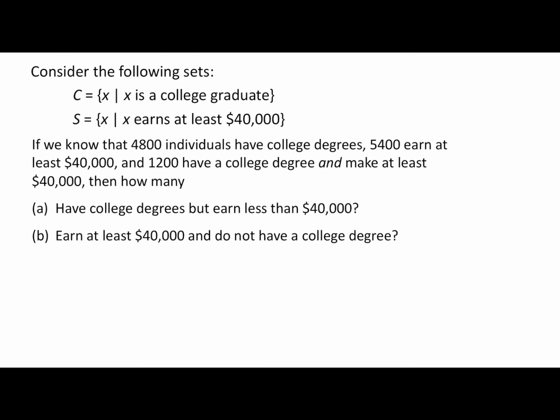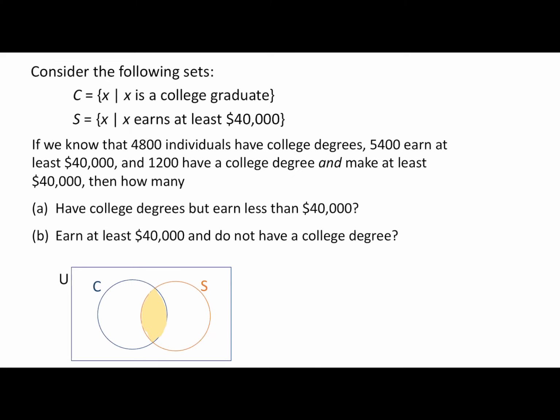Now we can use a Venn diagram to help us sort of fill in these numbers. So let's look at what we know here. I know that 4,800 individuals have college degrees. That's the number of people in C, right? So I know that N of C is 4,800. I also know that 5,400 earn at least $40,000, so N of S is 5,400.